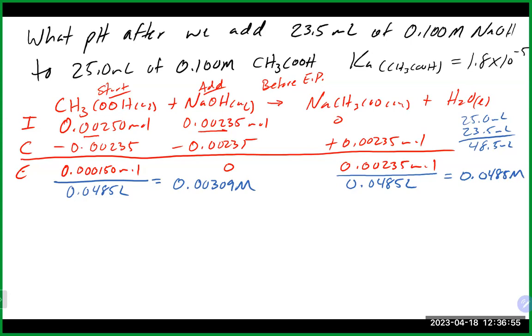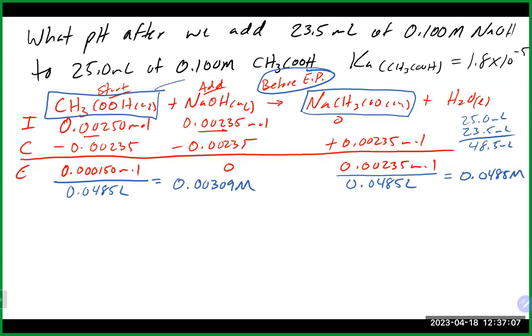At this point, if you're not sure what should happen, but you really should know because you know this, we have sodium acetate left over, and we have acetic acid left over. Those two things are a buffer, which is what we would expect to be happening in this type of titration before the equivalence point. That should focus you into knowing what to do next, which is probably use the Henderson-Hasselbalch equation in this case.